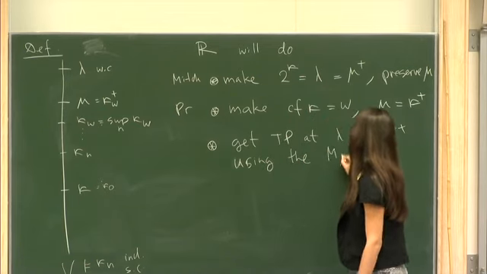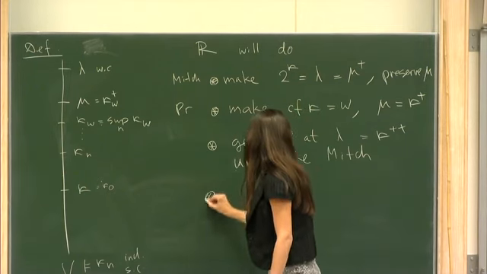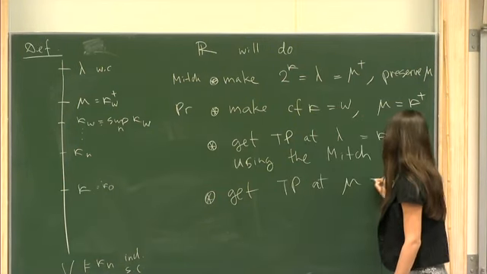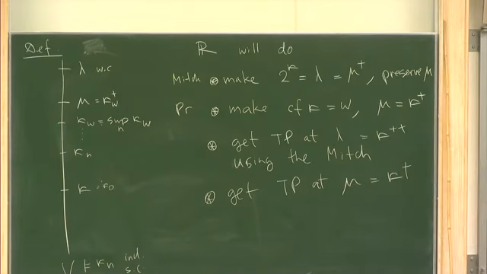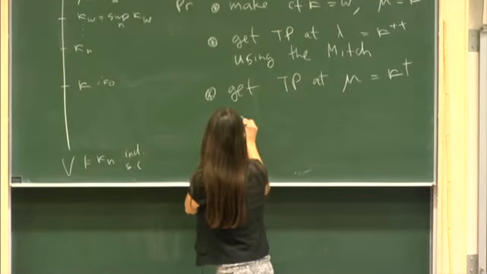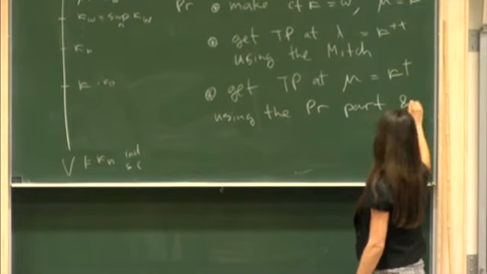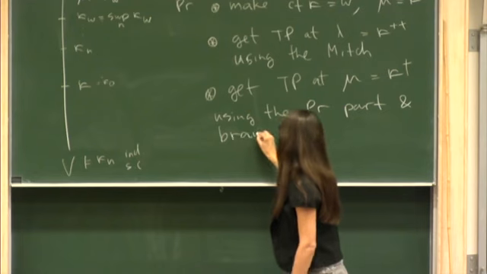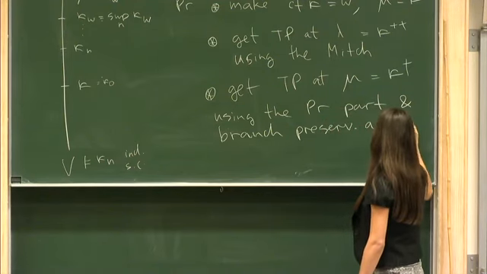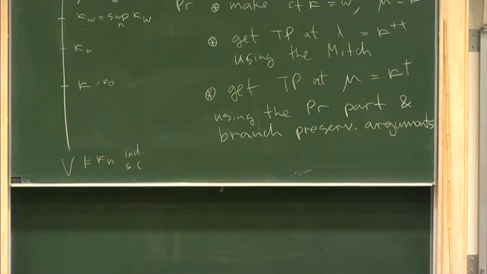Morally the Mitchell component of the forcing will be responsible for that, and we want to get the tree property at mu, which is the first successor of kappa, using the Prikry part plus certain branch preservation arguments.